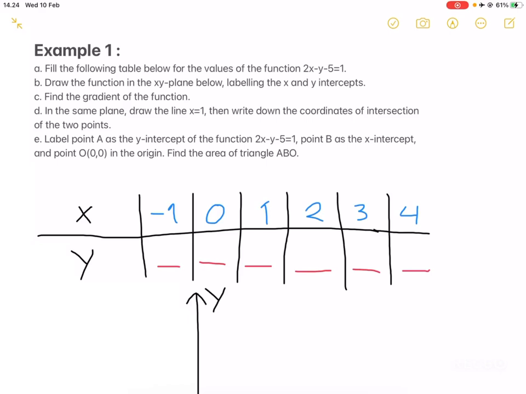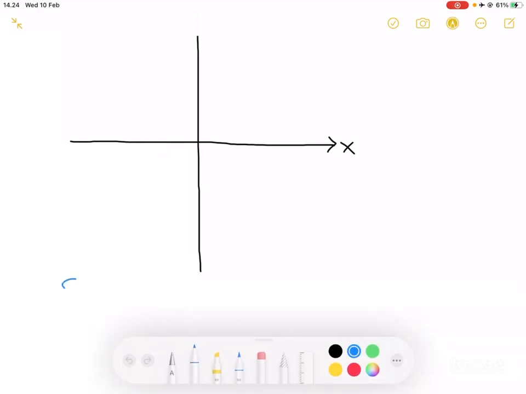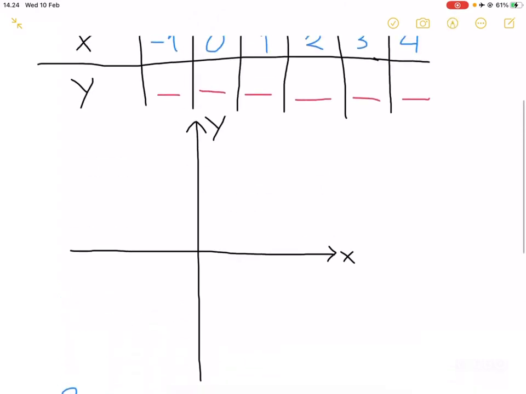So first what I would like to do is to express the function into something nice, like a point slope formula. So we know right here, I'll just write this. 2x minus y minus 5 equals 1.